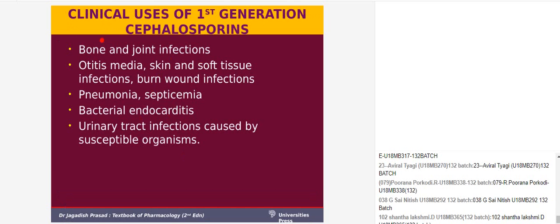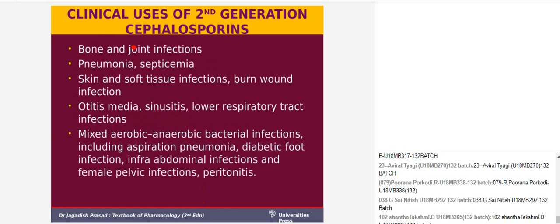And we use them in all types of infections. Mainly bone and joint infections, otitis media, pneumonia, septicemia, and bacteremia. So this is the first generation with its organisms. The second generation we use for mixed aerobic and anaerobic bacterial infections, including aspiration pneumonia, diabetic foot, intra-abdominal infections, pelvic infections, and peritonitis.